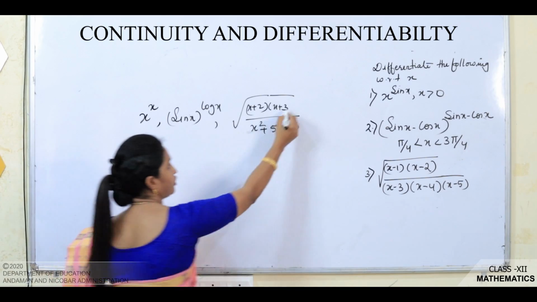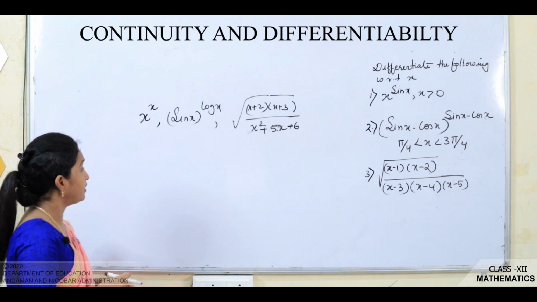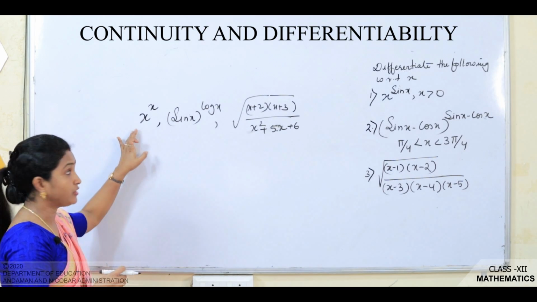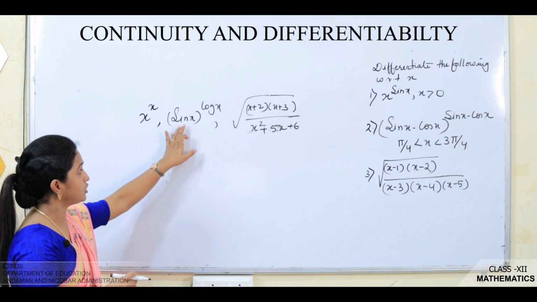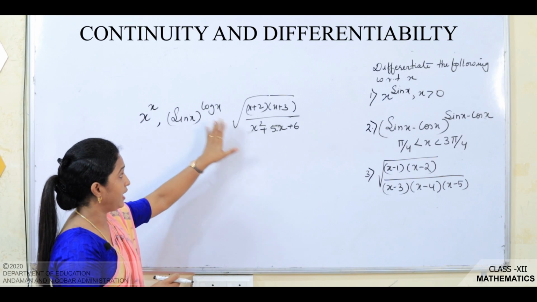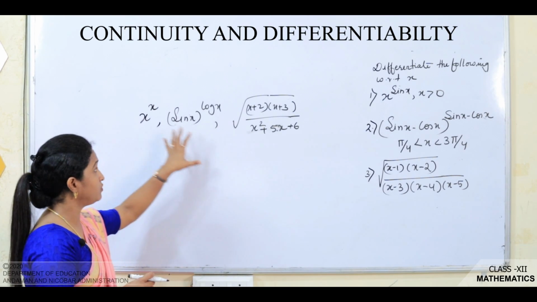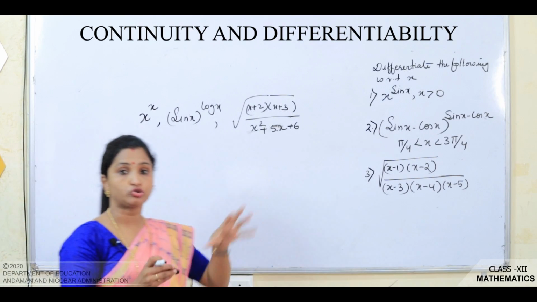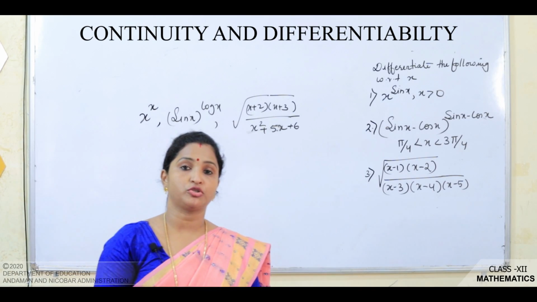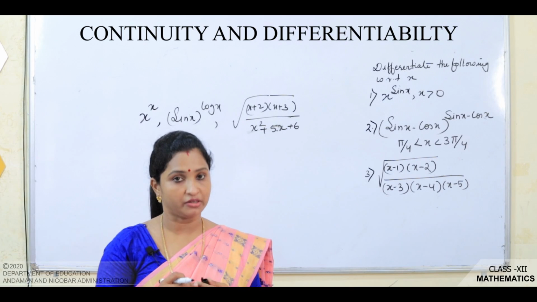Suppose you are getting a question of this sort, just say here x to the power x, function to the power function, here also function to the power function, and this is also again a complicated question. So when you are getting a question which is really complicated to solve directly, in that type of question you have to apply logarithmic differentiation.